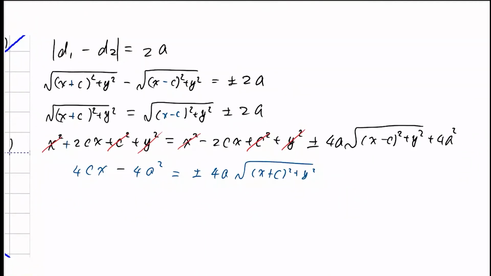Okay then, continue. Divide both sides by 4a. So I have c over a x minus a is equal to plus or minus square root of x plus c squared plus y squared. Now you're wondering, how do you know which one to move where? Because yesterday I had on the left hand side something like an a minus c thingy.